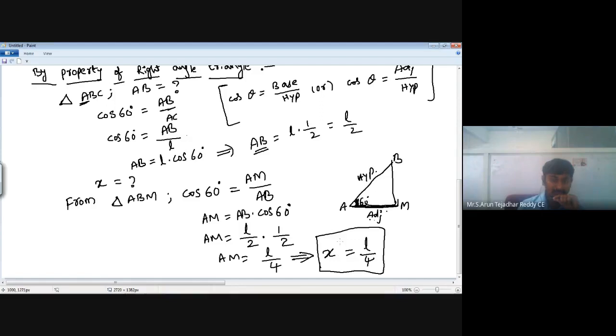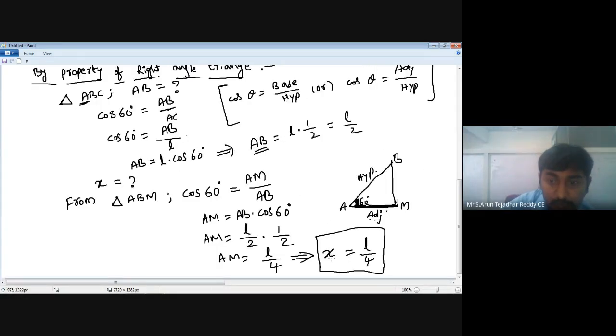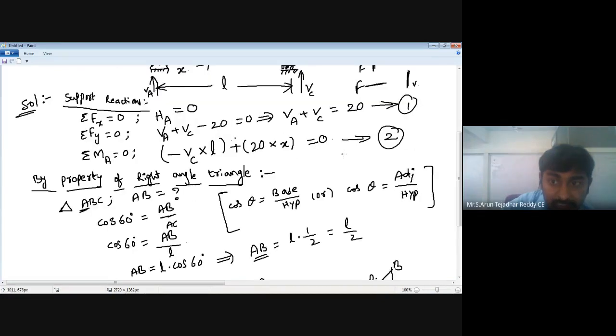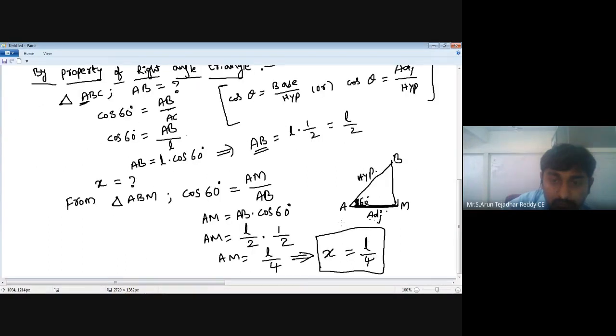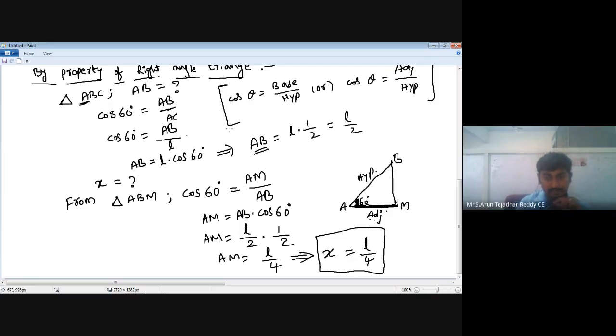And this X value, substitute in equation number 2. Here 20 into X, in place of X just substitute L by 4.